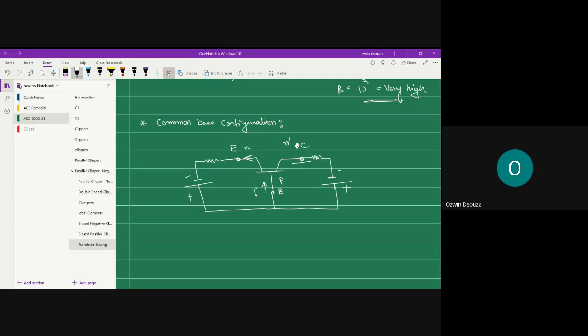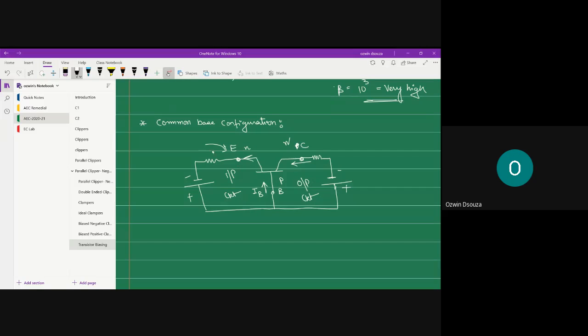This is your base current. Now, in case of common base configuration, as you can clearly observe, this is your input circuit and this is your output circuit.